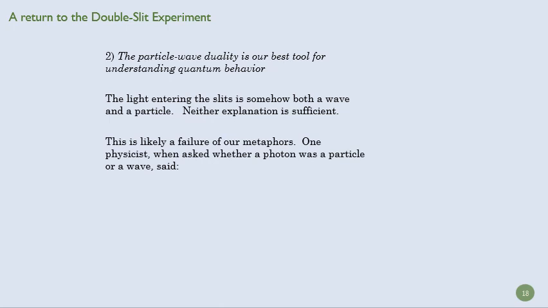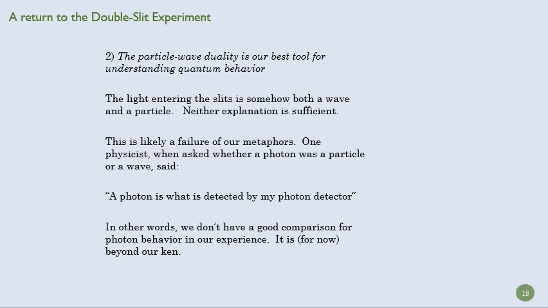I love this quote from one physicist who, when asked whether a photon was a particle or a wave, said this: "A photon is what is detected by my photon detector." Which, what does that mean? It means we just don't know exactly what a photon is.